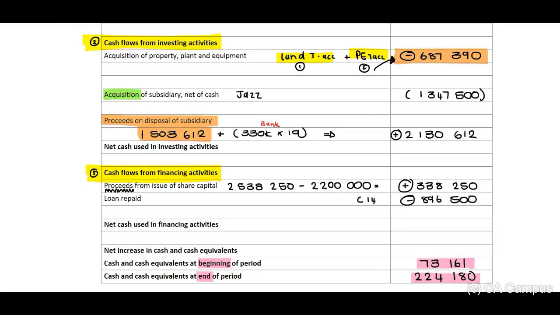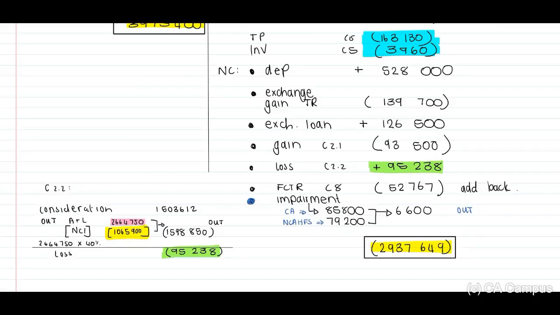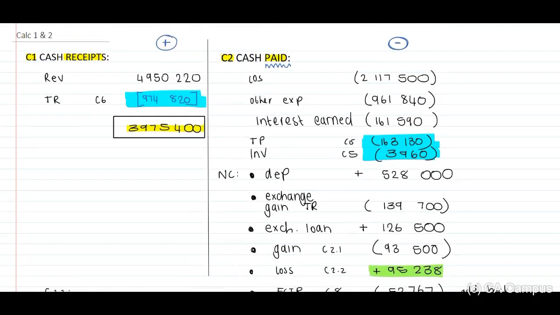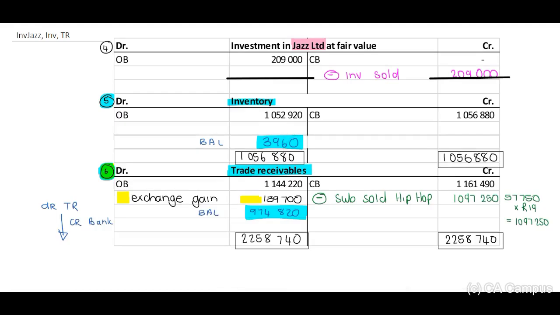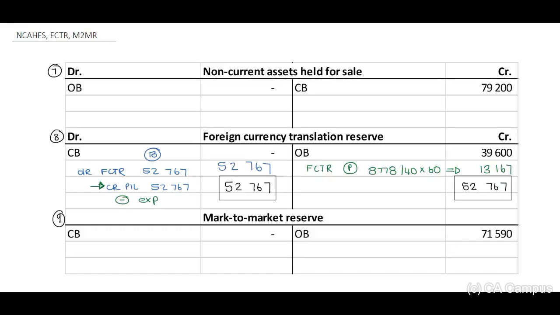Right. Now, I need to ensure that I have completed all of my calculations. I've completed my cash receipts as well as my cash paid. I've completed and transferred my land, my plant, and my investment in associates. I've transferred my inventory and my trade receivables, just completed via the investment sold. Non-current assets held for sale, not needed. Foreign currency translation reserve, yes. Mark-to-market reserve, I didn't need this. Yes, I've wasted a little bit of time by transferring the information.